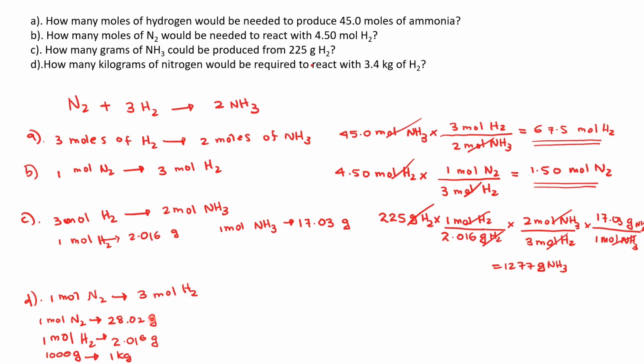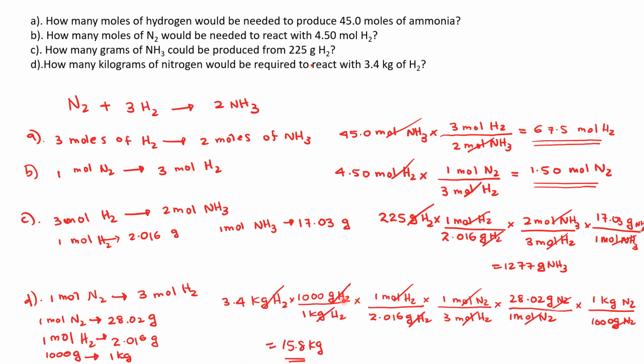And then you are going to use the molar masses as well. 1 mole of nitrogen weighs 28.02 grams. 1 mole of hydrogen weighs 2.016 grams, and then you know 1000 grams is equal to 1 kilogram.